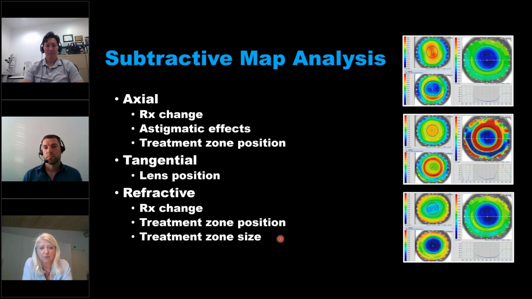The tangential is also able to tell us if this ring, which we see as a red ring in the tangential map, is like a circle. It's very important if we are fitting myopia control that this ring is present all the way around.